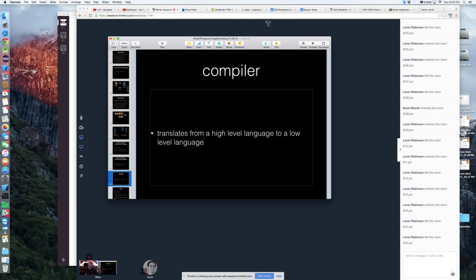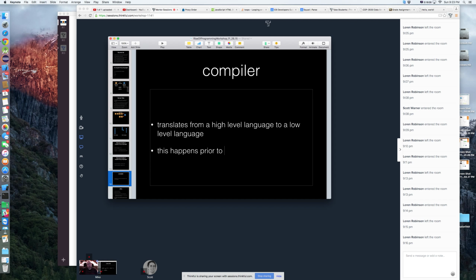Now, it's relatively fast because this translation happens prior to runtime. All right, so the real life example of this is, let's say somebody important is giving a speech, and the speech is being delivered in English, and there's a German news station that wants to carry the speech.